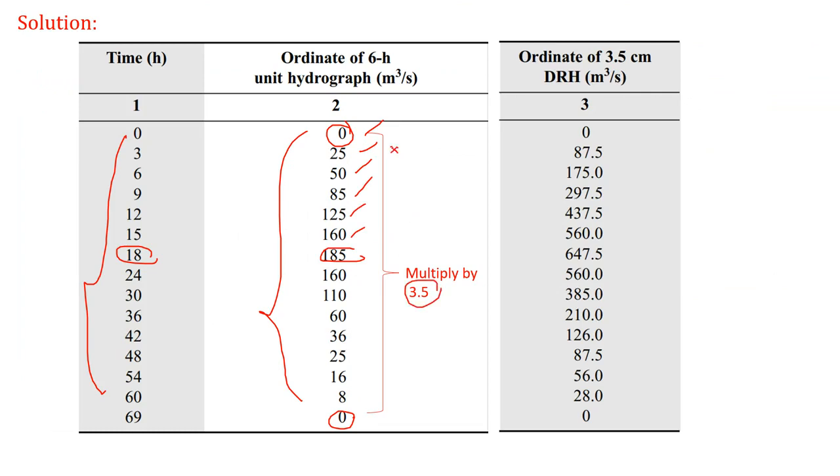Okay, so let's say 25 by 3.5. So of course that is 87.5. So you just do it pababa, multiply mo isa-isa. Now you have the ordinate of the hydrograph. Okay, nakuha po ba natin yon?